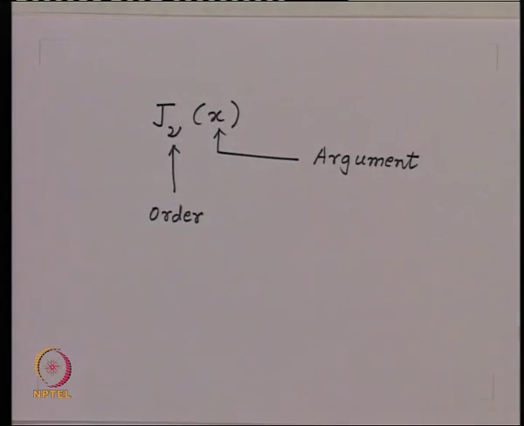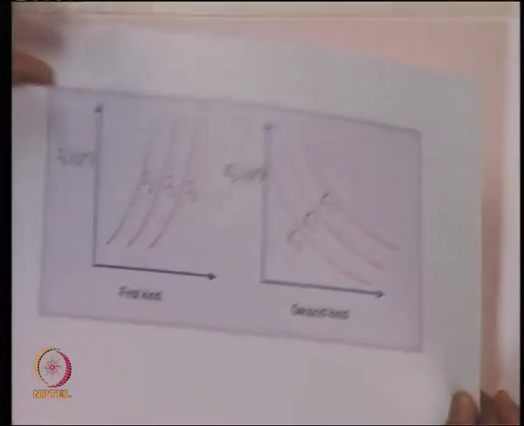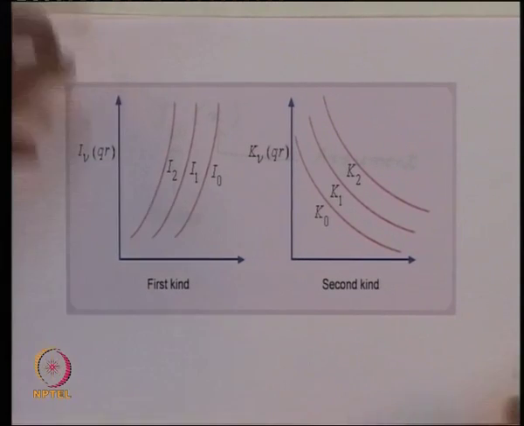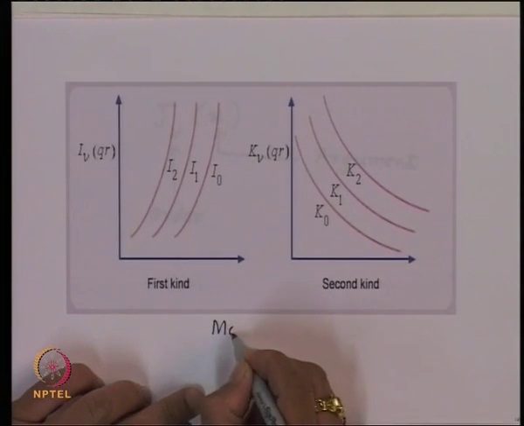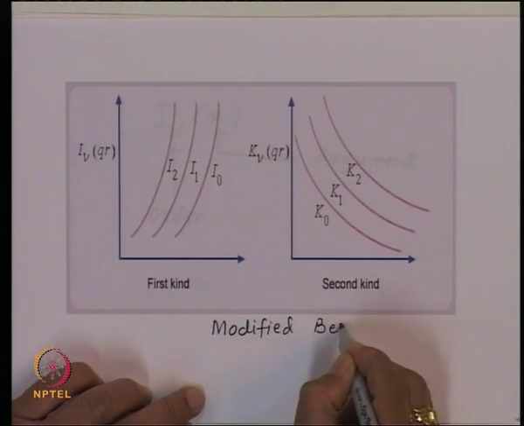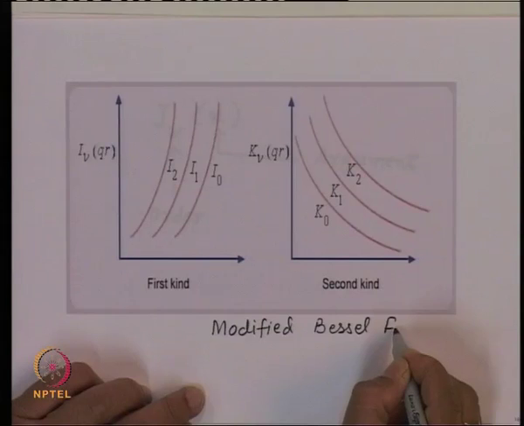If the q is imaginary, then I get the Bessel functions, what are called the modified Bessel functions.